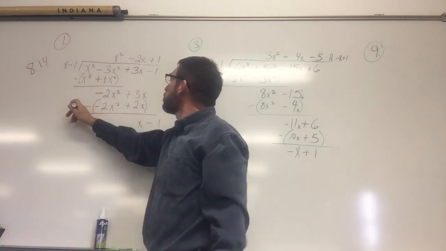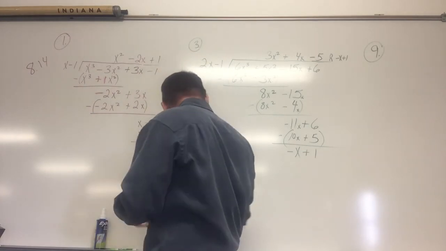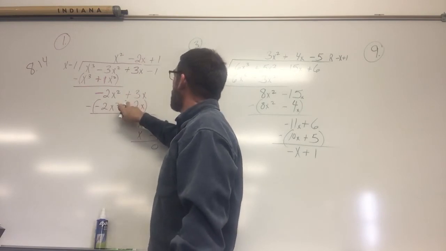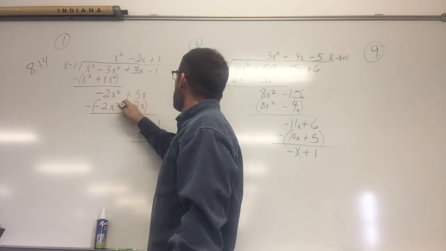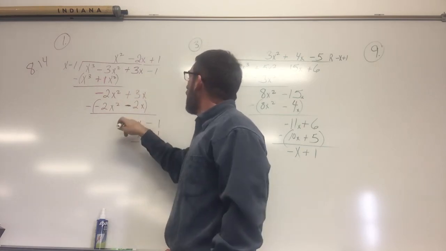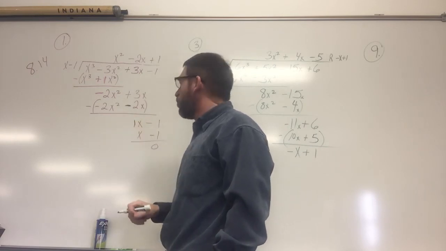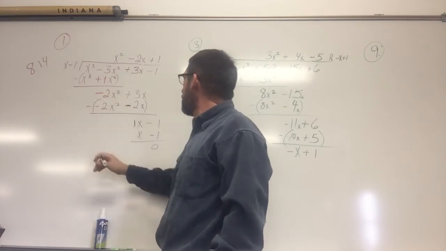Now I'm ready to subtract this here. And again, if you look closely, I will need to change this here to the opposite term. So I have a negative 2. I'm subtracting negative 2 from positive 3. I come up with 1 positive. And of course here, that there erases that one.